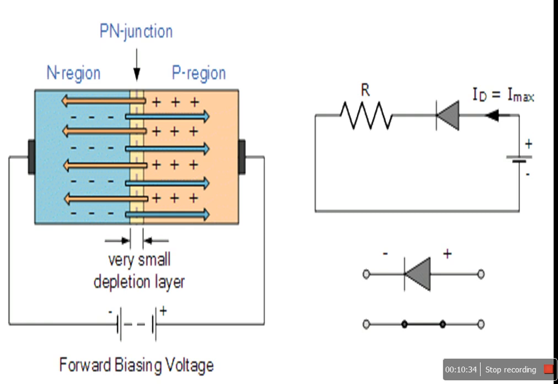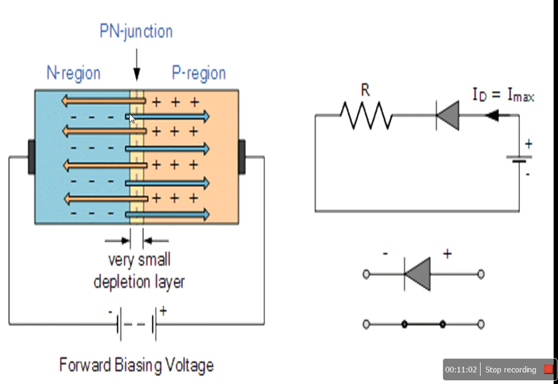Here we are applying the positive voltage, and the P region has positive charges. Positive charges repel each other, so that's why the arrow mark direction is like this. And the negative is connected to the N region, so this is also repelled.